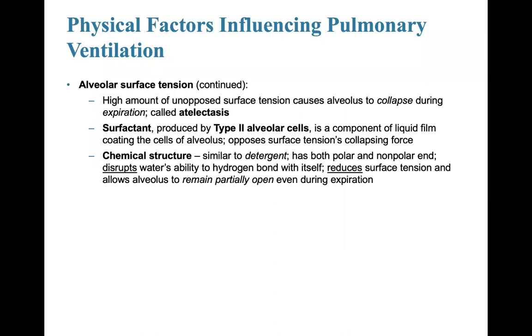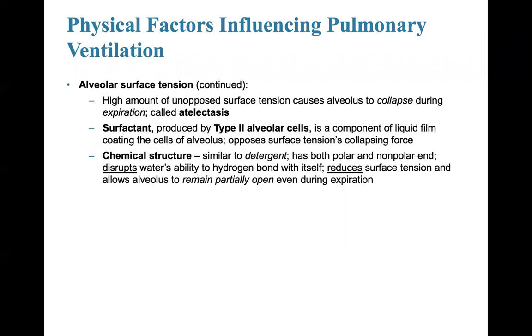So the high amount of unopposed surface tension causes the alveolus to collapse during expiration. Surfactant, which is a chemical produced by the type 2 alveolar cells, is a component of the liquid film coating the cells of the alveolus and opposes the surface tension's collapsing forces. The chemical structure is very similar to that of a detergent.